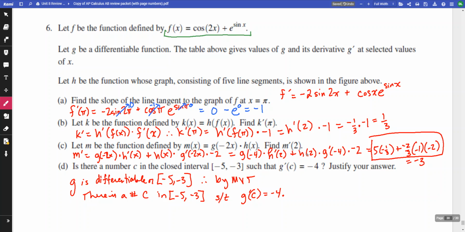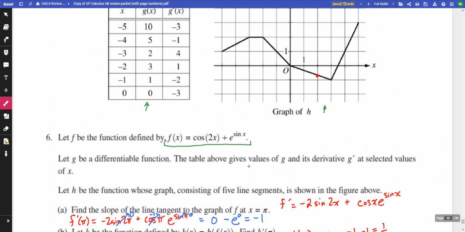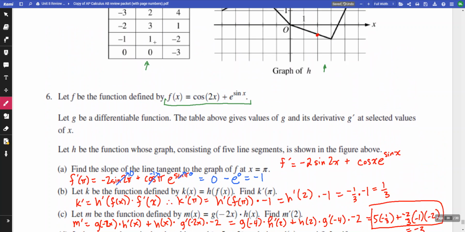All right. Now, why negative 4? Well, because really this is saying that our instantaneous rate of change needs to equal our average rate of change. So we want to make sure that g of negative 3 minus g of negative 5 all over negative 3 minus negative 5 is going to be equal to negative 4. So let's come back to our table. g of negative 3, g of negative 5.